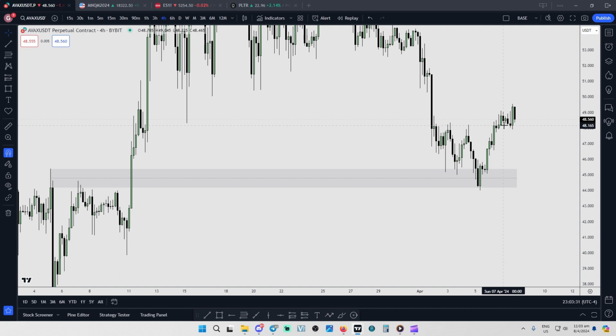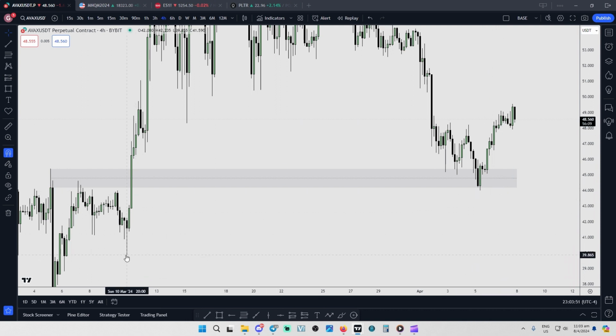And right now, as you can see, because we have taken out these swing lows here, once we have a closing price above this swing high, so this is a new short-term high, which you can see right here, you can actually shift your stops here.